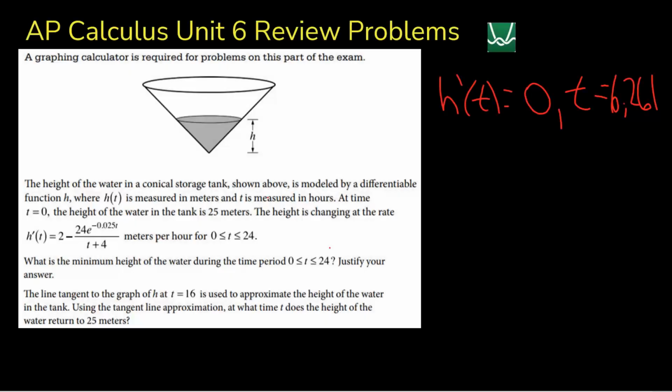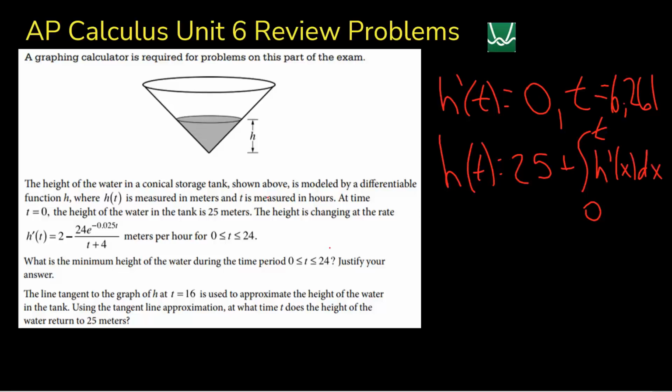The next thing we need to do is evaluate h of t at the endpoints. H of t is going to be equal to 25, which is the initial height of the water in the tank, plus the change in height, which is the integral from 0 to t of h prime of x dx. Now notice I changed the variable to be x in the integrand so that my upper limit is t, which matches the variable for the function.